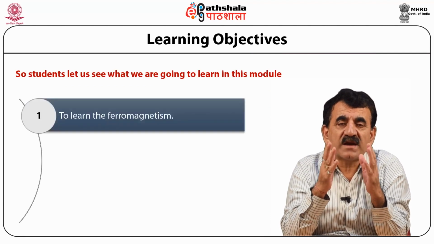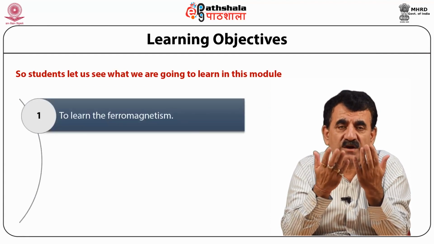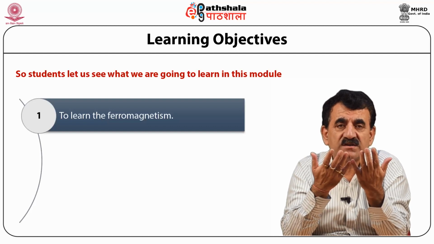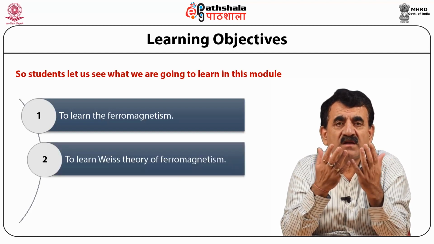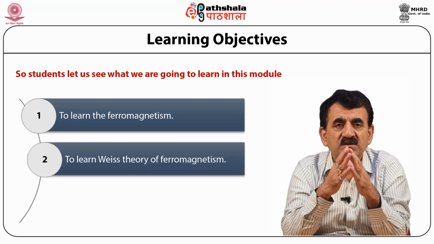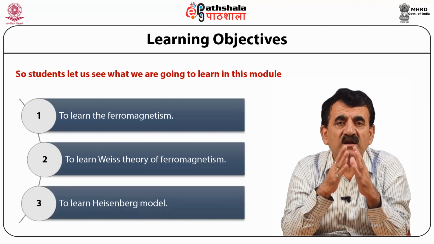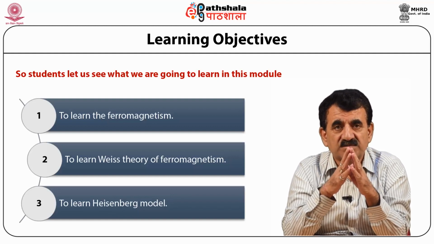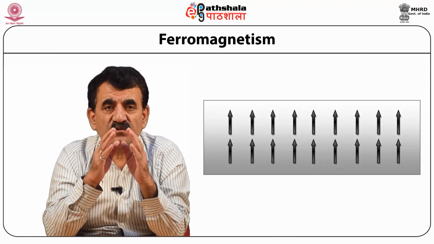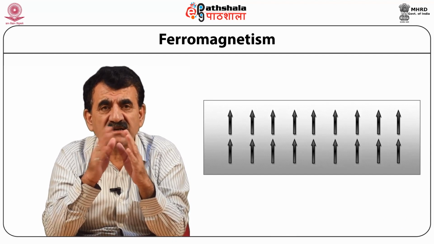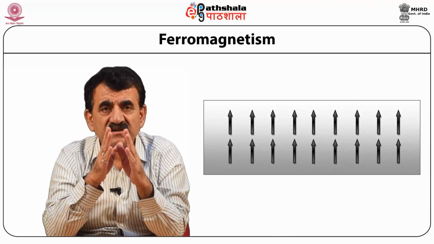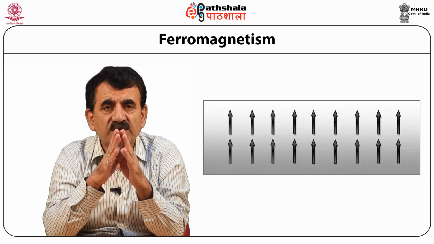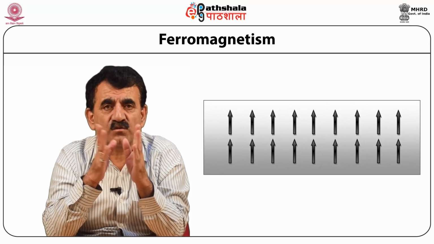To learn about ferromagnetism, how ferromagnetism originates, and to learn the Weiss theory of ferromagnetism, also to learn the Heisenberg model for ferromagnetism. Before discussing ferromagnetism, it is important that we understand Hund's rules.